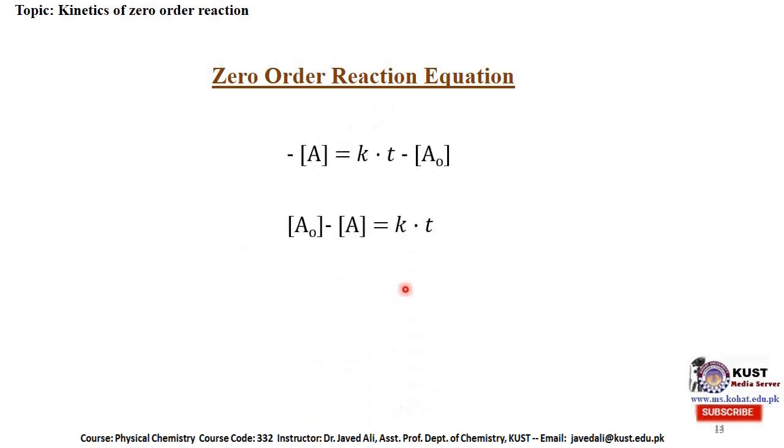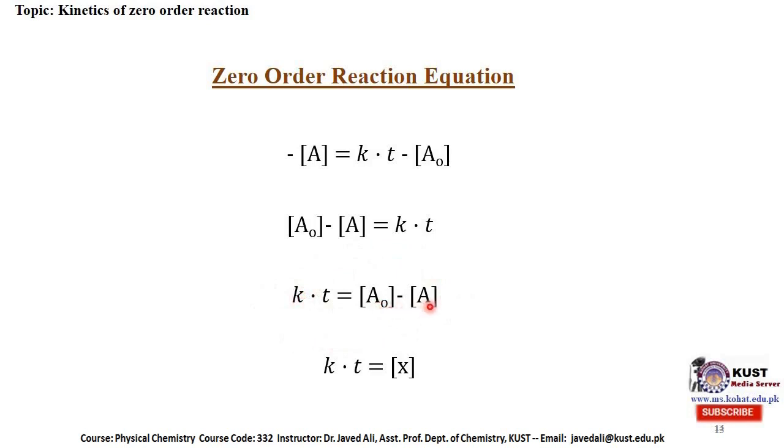By putting the Z value in the zero order equation, we get minus A is equal to Kt minus A naught. By rearranging this equation, we get A naught minus A is equal to Kt, or Kt is equal to A naught minus A. This is the integrated form of zero order reaction.